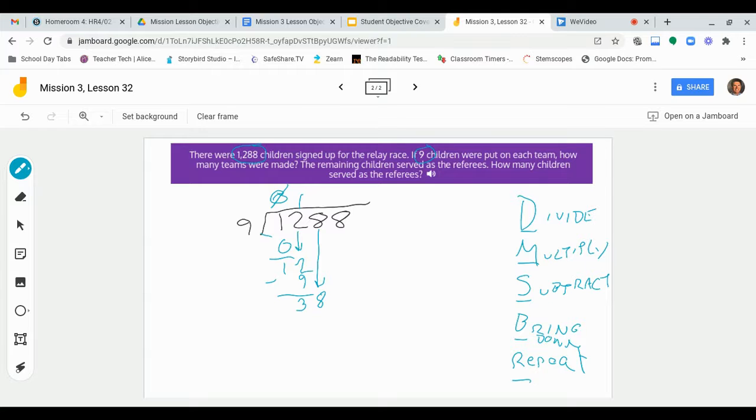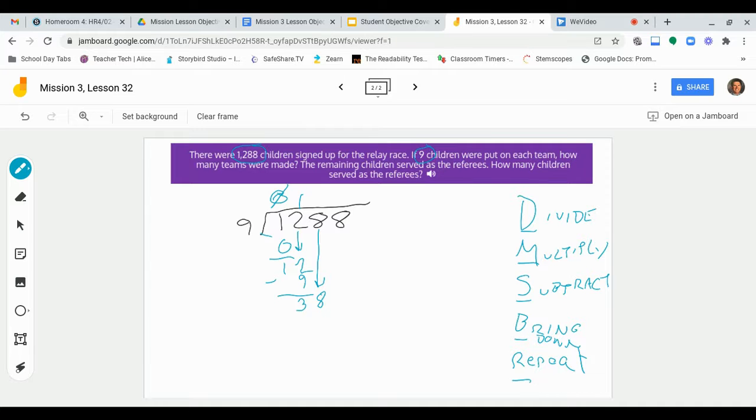So now I'm going to do 38 divided by 9. How many times does 9 go into 38? Well, I know 9 times 1 is 9. 9 times 2 is 18. 9 times 3 is 27. I'm getting awfully close. 9 times 4 is 36. Almost there.